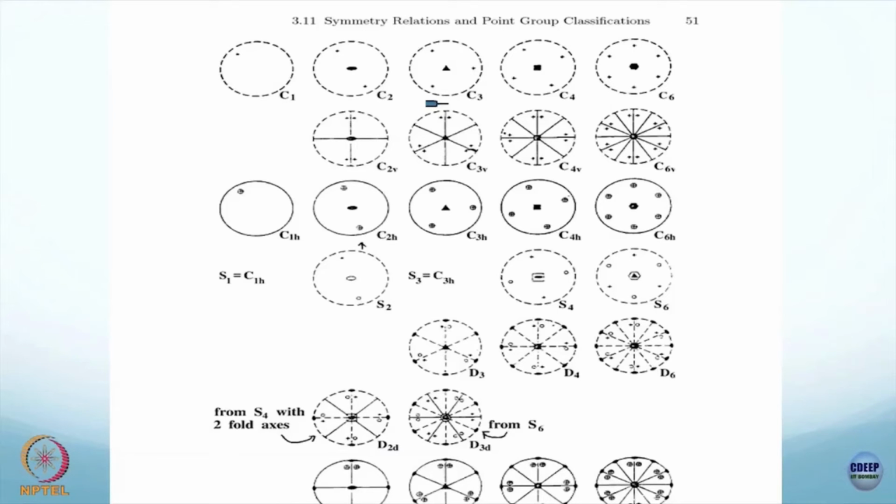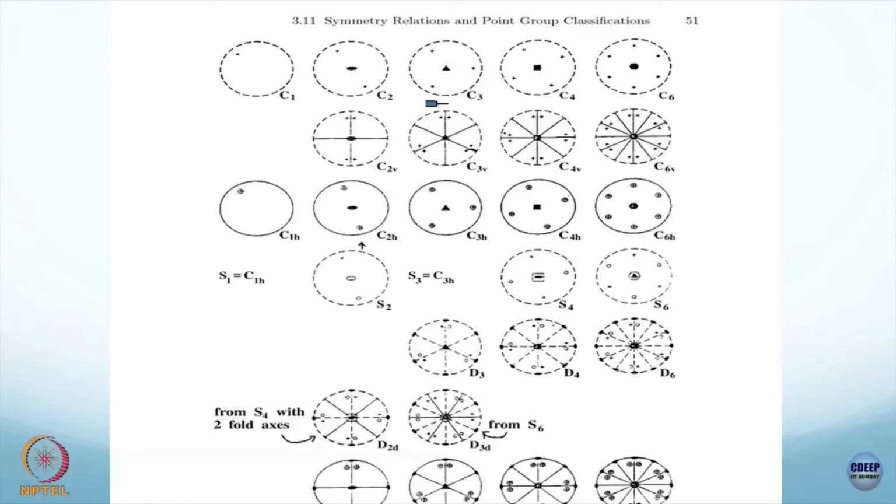Okay, so those are the notations which are given here, and you can show that there is no distinction between S3 and C3h. Whatever you have drawn for C3h, if you draw S3, it will be exactly similar. Please check it out. And S4 I have already drawn for you.